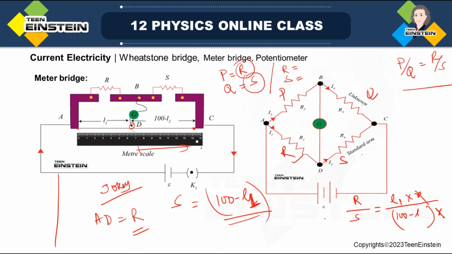Now what we get? We have to find out what the unknown resistance is here. We have to find the unknown resistance R. If we know the length and all, we can find out the unknown resistance in this way.